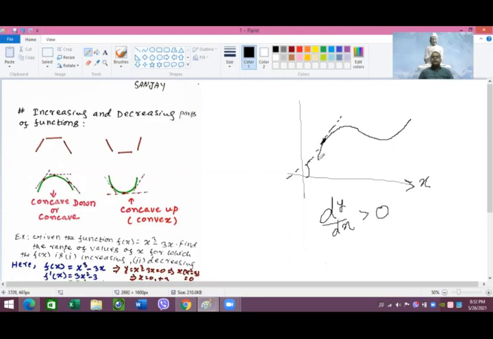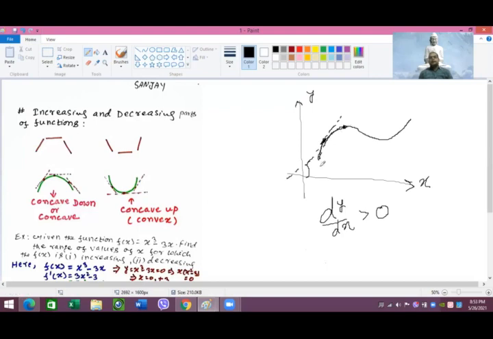And as you move along this path in the curve, you are going towards the right, that means x is increasing, and at the same time you are rising up towards the y-axis, that means there is an increase in y for an increase in x. That means the change is in the same order. Therefore, from here to here, you can say that this is the increasing part of the curve.